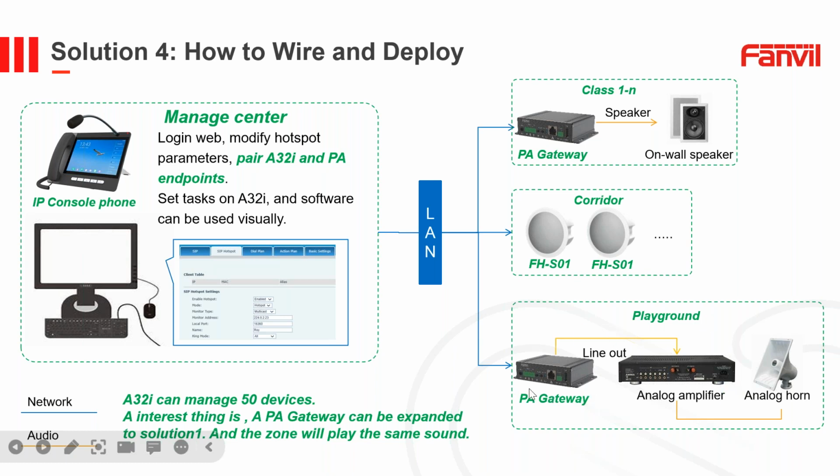You can see the playground PA gateway is connected to an analog amplifier, and there are some speakers driven by the amplifier. So this time, A32I can not only manage 50 devices, it can also manage 50 zones, but the zone will play the same sound.